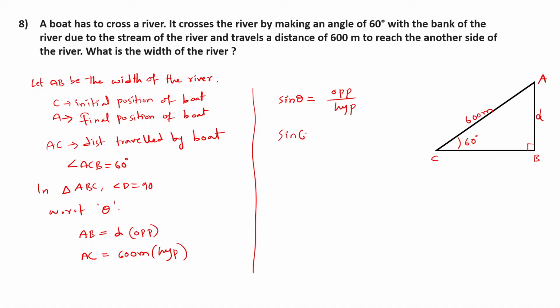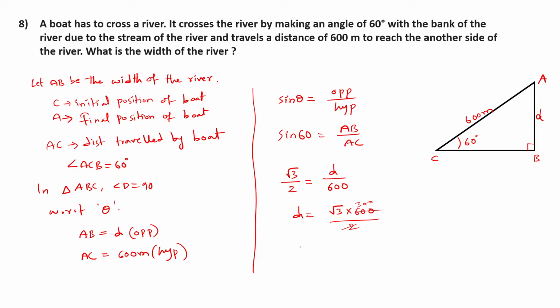Values are sine 60 is equal to opposite side AB and hypotenuse AC. Sine 60 value is root 3 by 2. AB we assumed as D, by AC is 600 meters. Now transposing, root 3 into 600 by 2. 2 ones are 2, 3s are 3.